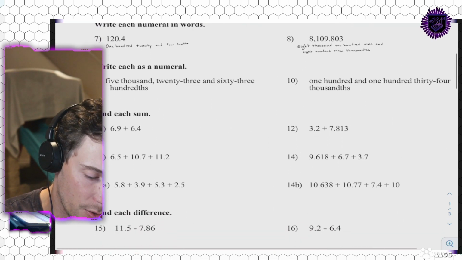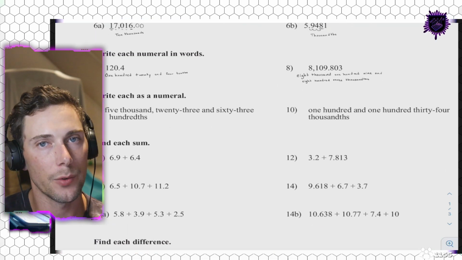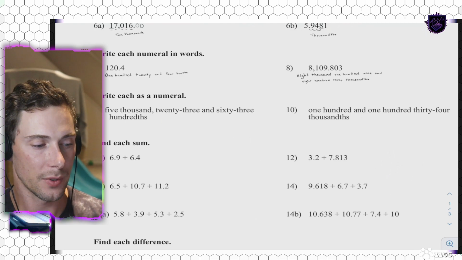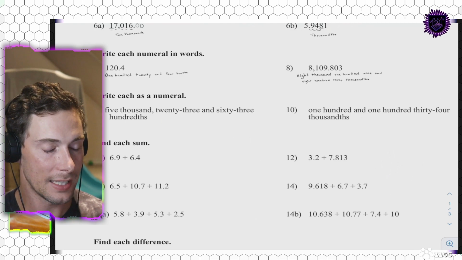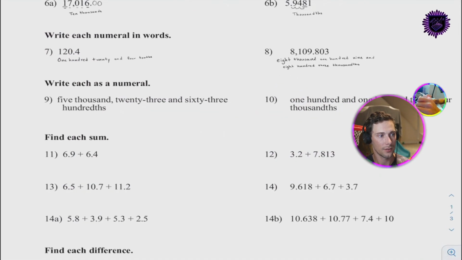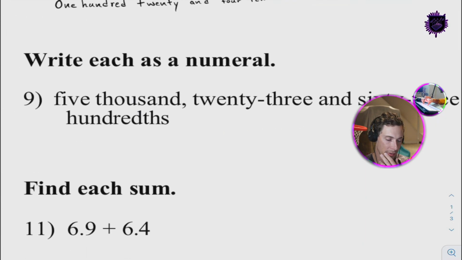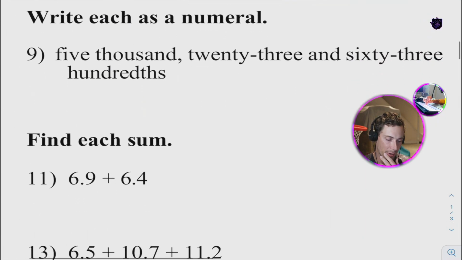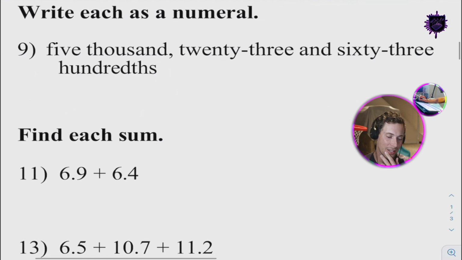So write each as a numeral. This is the same type of question, but working backwards through it, which is actually easier. So let's read this and do this one here. So it's 5,023 and 63 hundredths.